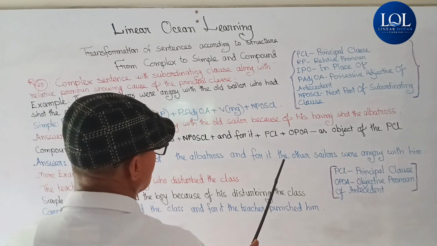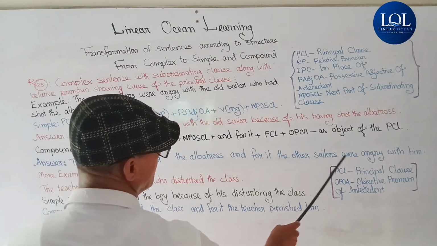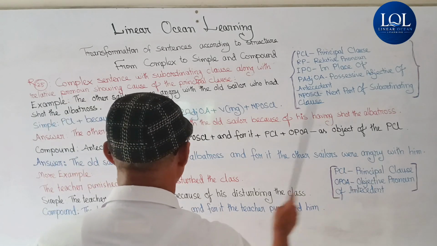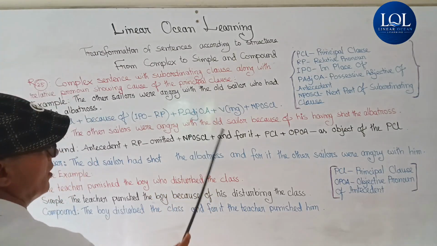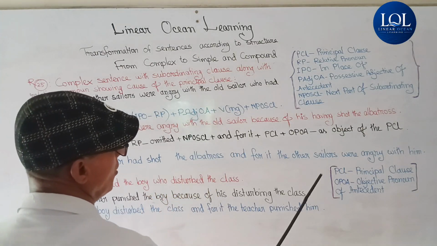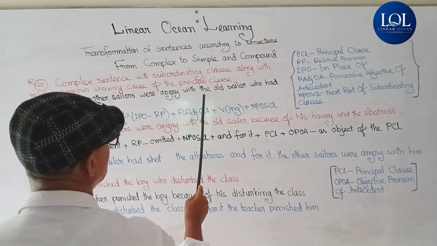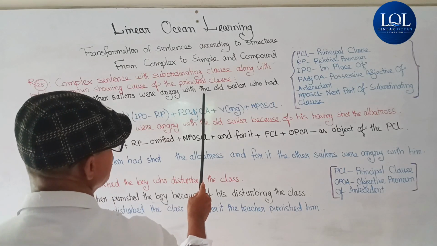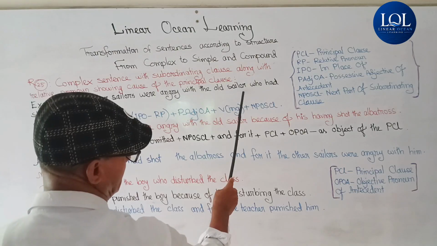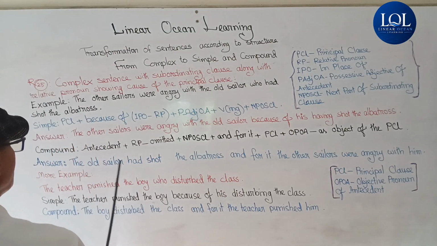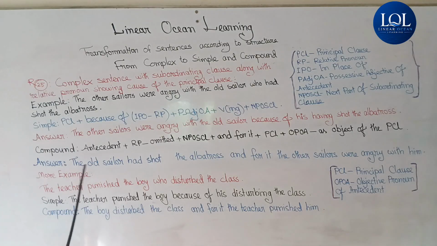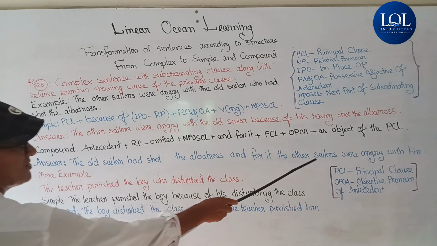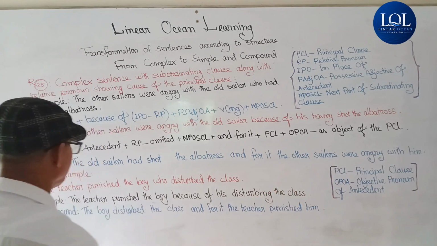Then PCl, the other sailors were angry with, but in place of the antecedent there will be the objective pronoun of the antecedent. The objective pronoun of the antecedent, the old sailor, is him. So the answer is: The old sailor had shot the albatross, and for it the other sailors were angry with him.